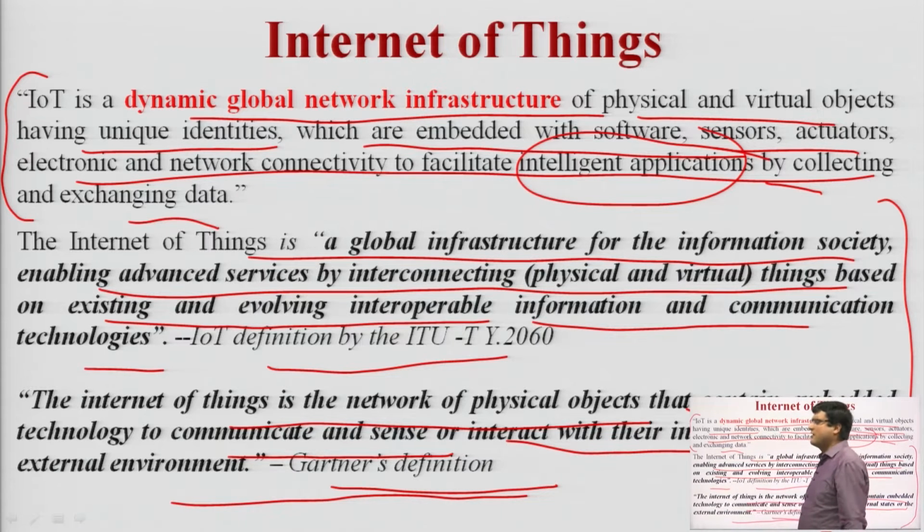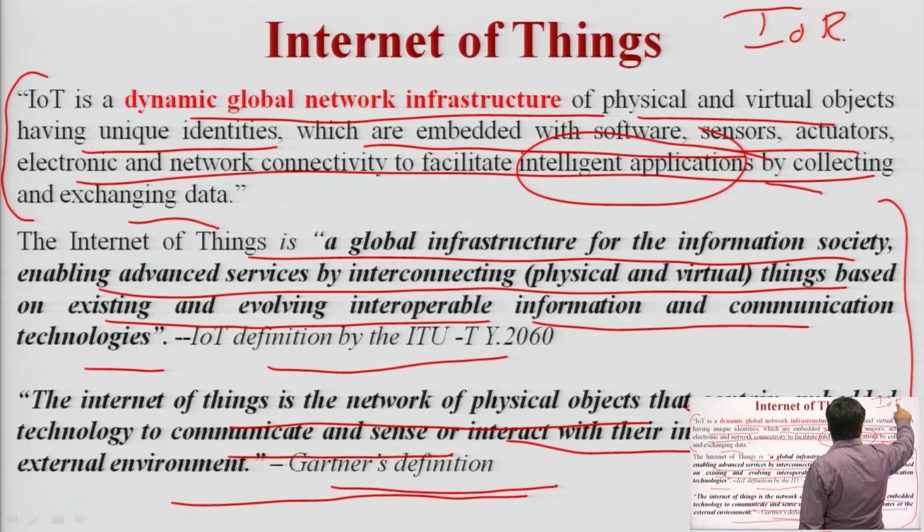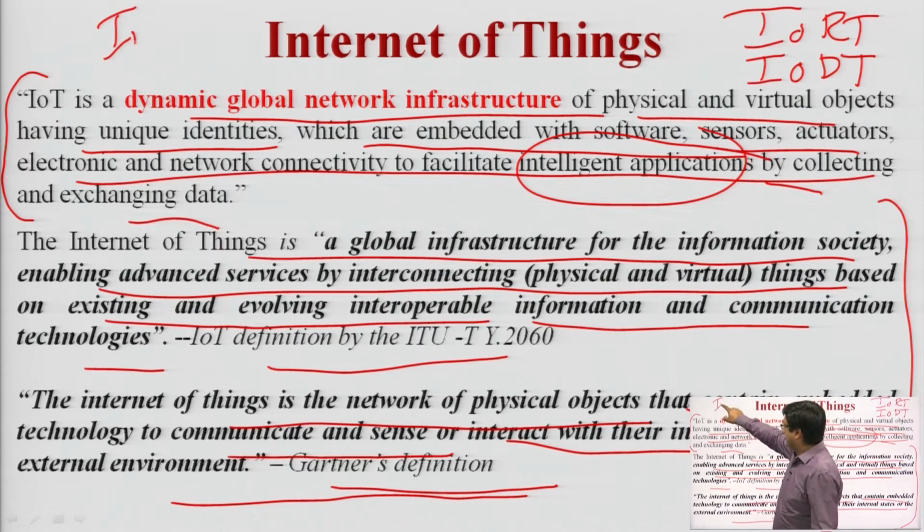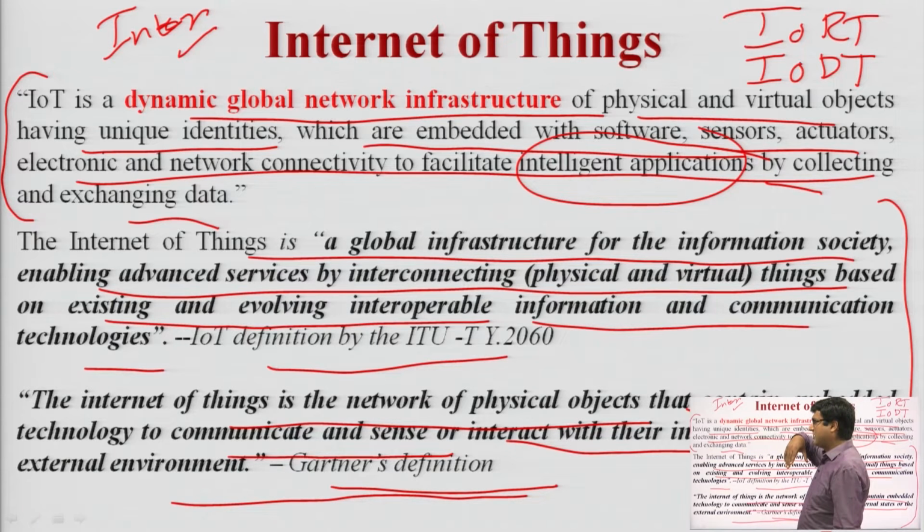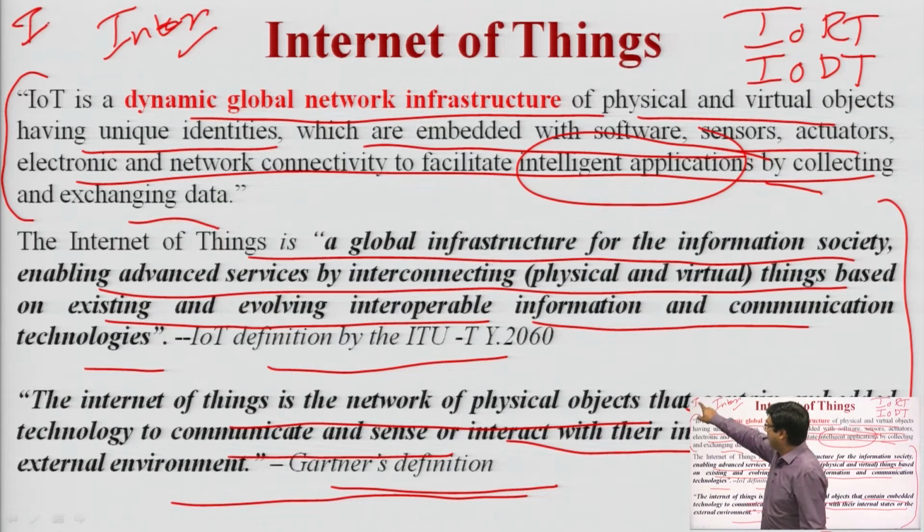So, there are various types of IoT definitions. Some say it is the Internet of Things, some say it is the Internet of Robotic Things, some the Internet of Drone Things, the Internet of Embedded Things, the Internet of Everything, because it is used everywhere. There is also IoMT, the Internet of Medical Things.